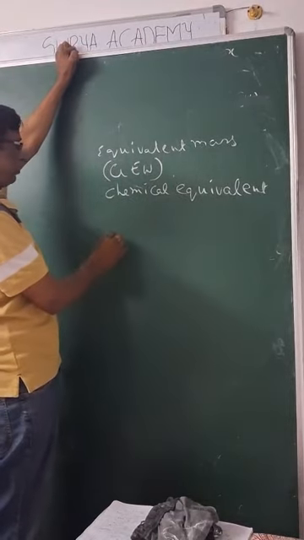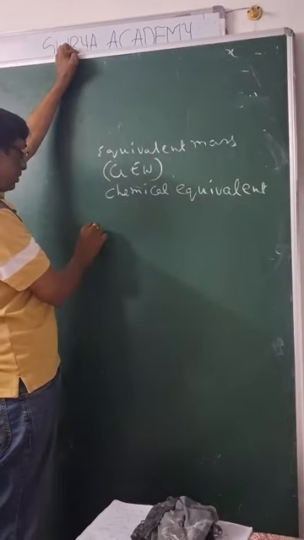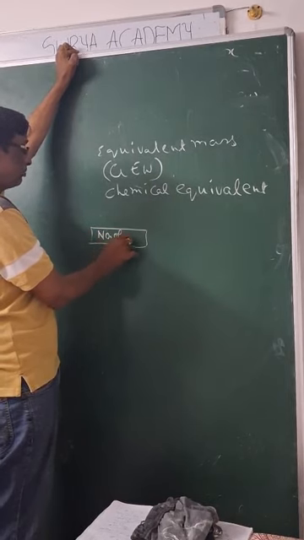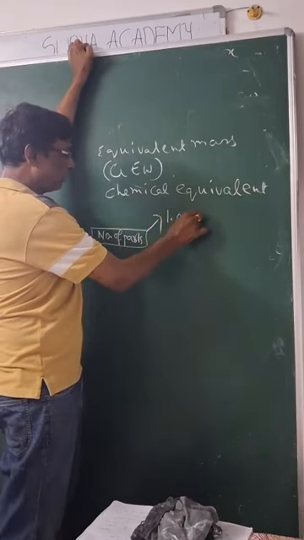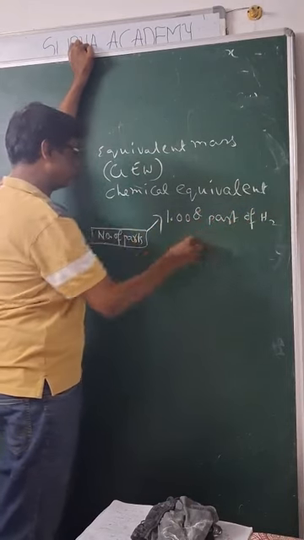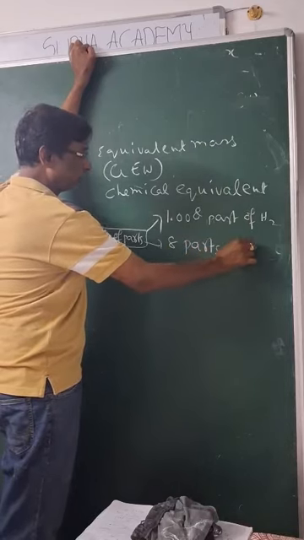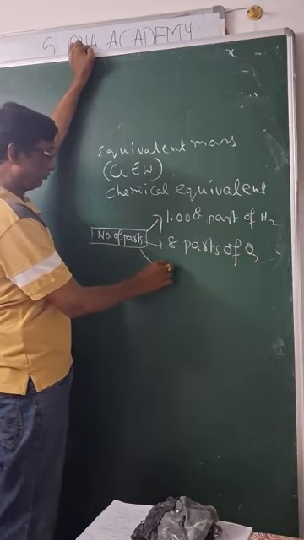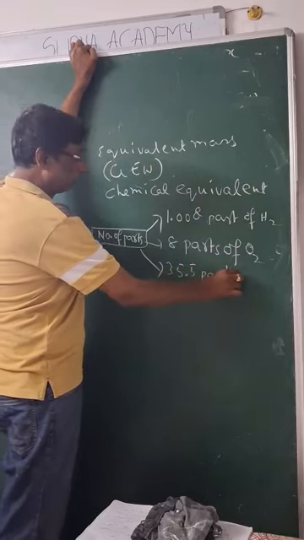The number of parts by weight of an element that combines with 8 parts of oxygen or one part of hydrogen. Number of parts can be grams, kilograms or milligrams. With 1 gram of hydrogen, 8 grams of oxygen, or 35.5 grams of chlorine, is the equivalent mass.